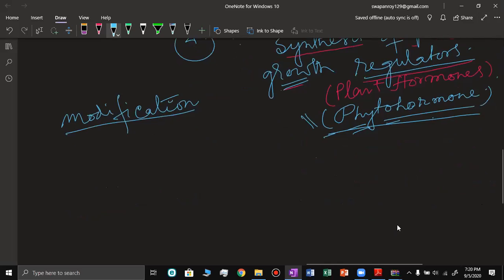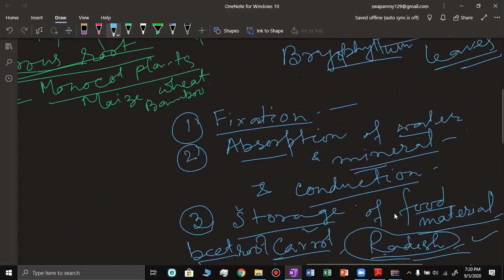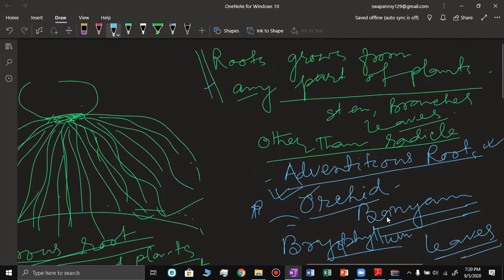Then come to the structure of the growing root, the different regions of the growing root.